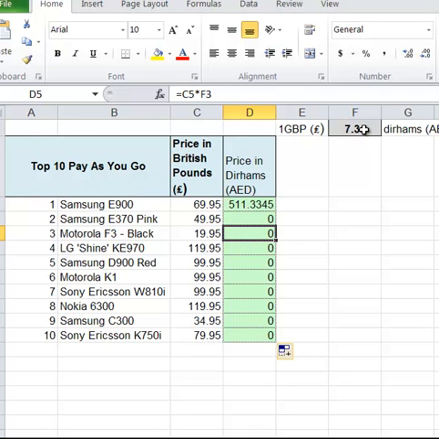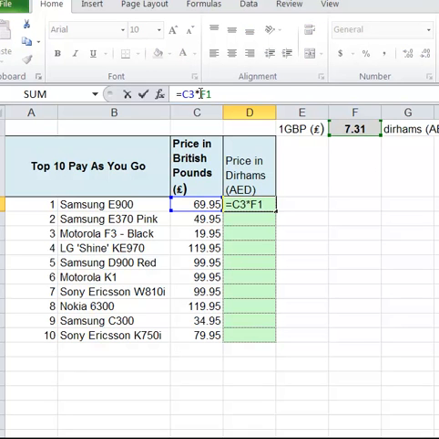You can see the calculations over here. Because I want to fix this value, I'll use absolute referencing, and for this purpose I'll just undo it. Instead of using F1, I want to fix this F1 for all the cells, because I don't want to change this F or this 1.